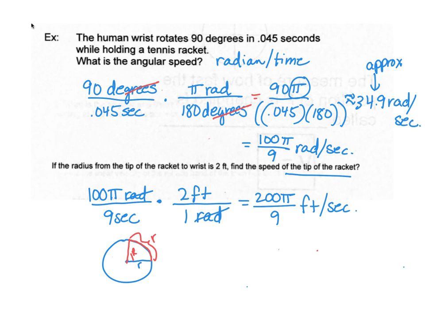And again, 200 pi over 9 is an exact answer. If I want an approximate answer, I would multiply through by pi. And that is approximately 69.8 feet per second.